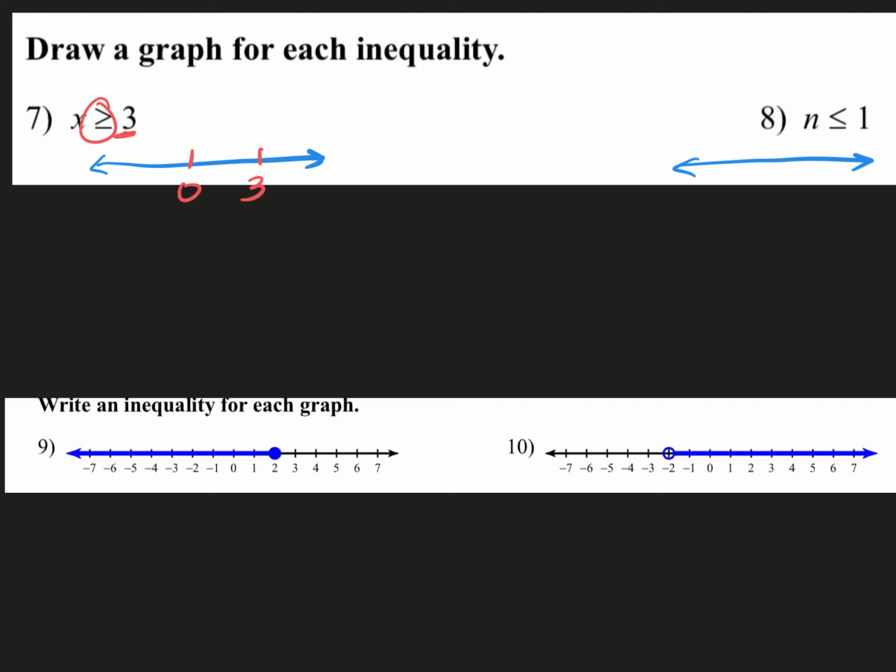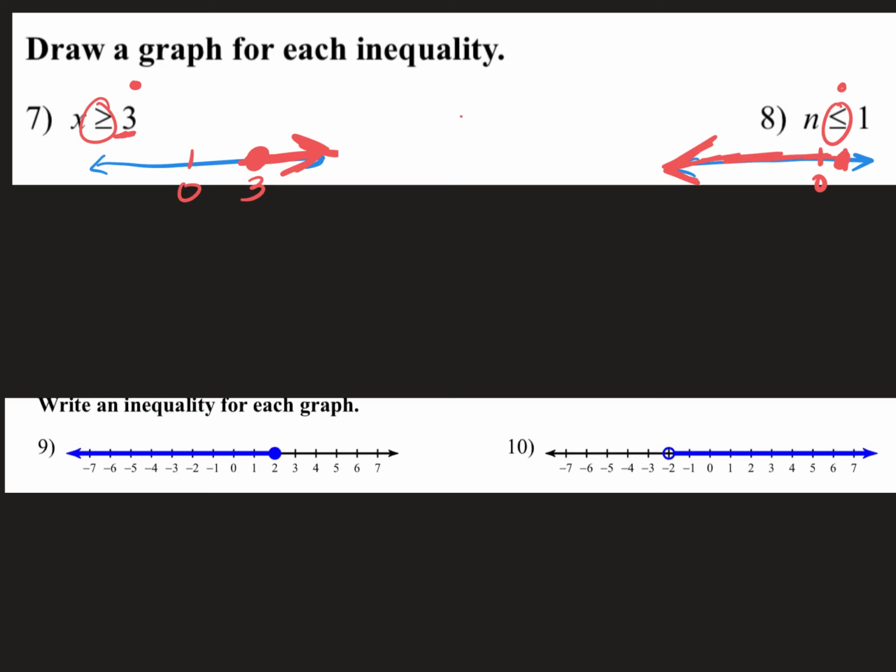This tells me to put a solid circle, and where a number is greater than 3, to the right. And then for the next one, I'm going to put 0 on my number line, and then I'm going to put positive 1 to the right of it. It is equal to, so I'll put a solid circle and shade to the left. That's where numbers are less than 1.